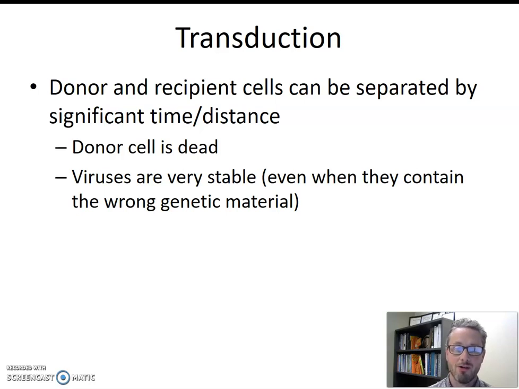All a viral particle is, is a container for genetic material, and that container has spike proteins on it that will allow it to attach to and enter a specific host cell. But other than that, viruses are doing nothing when they're outside of host cells. So it doesn't matter what genetic material is inside a virus. When that virus is outside a host cell, it's never using that genetic material for anything. So just keep that in mind.